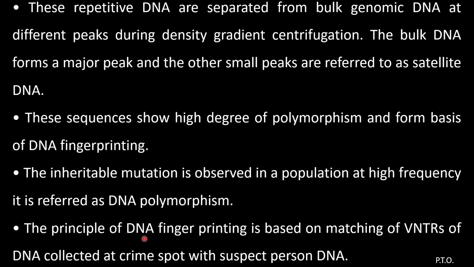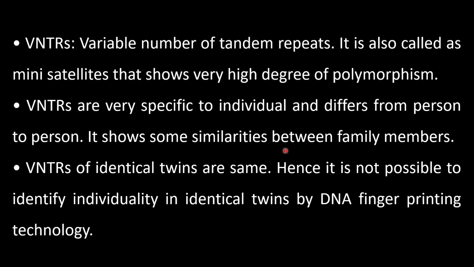The principle of DNA fingerprinting is based on matching of VNTRs, variable number of tandem repeats, of DNA collected at the crime spot with the suspect person's DNA. So here VNTR means variable number of tandem repeats. It is also called minisatellites that show very high degree of polymorphism.